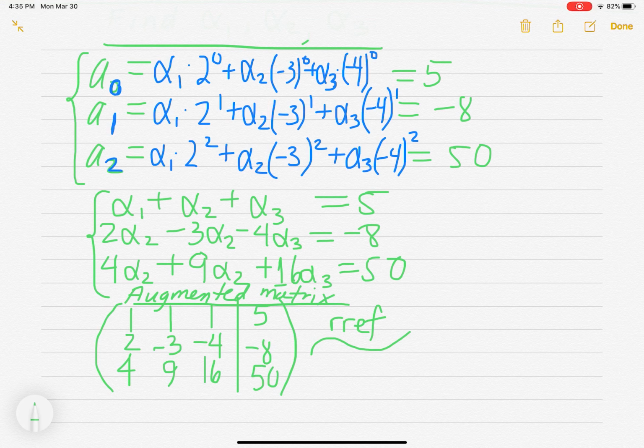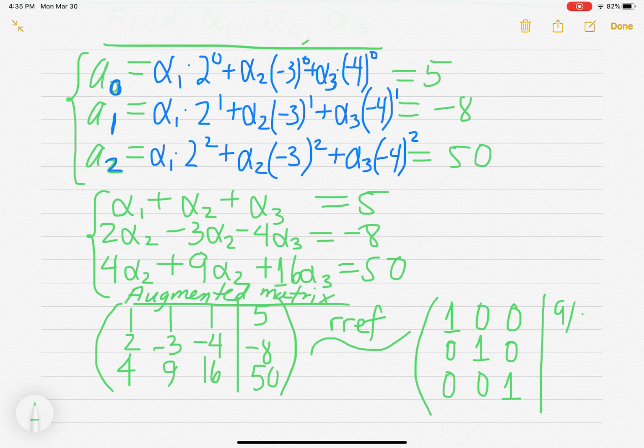Second matrix, enter, enter, and it looks like I got 1, 0, 0, 0, 1, 0, 0, 0, 1, and, oh, I got some decimals. I'll use math fraction. Looks like I got 9/5, 6/5, and 2.